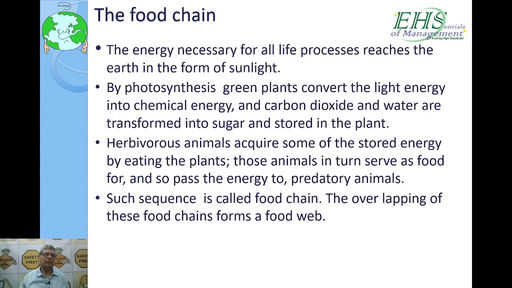So there are different nature's cycles. Mainly they are 5: the food chain, the nitrogen cycle, the carbon cycle, the oxygen cycle and the water cycle. And all these 5 cycles are a very important part of nature, the environment.